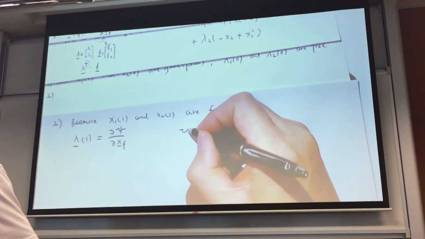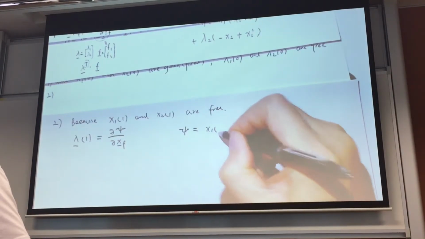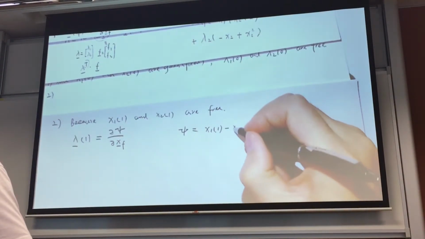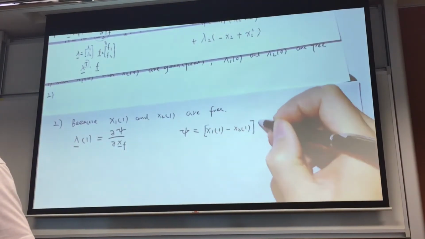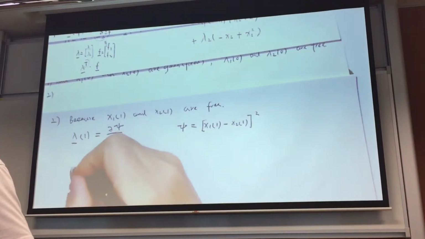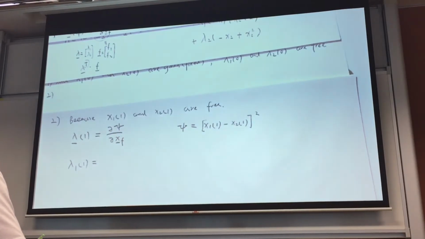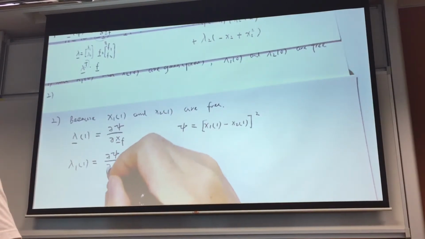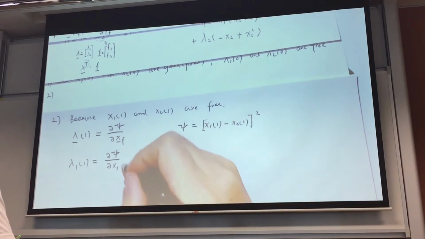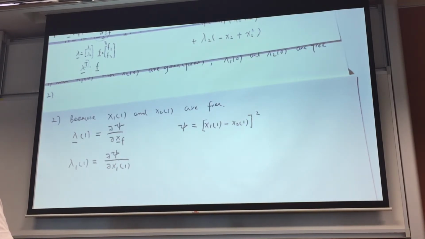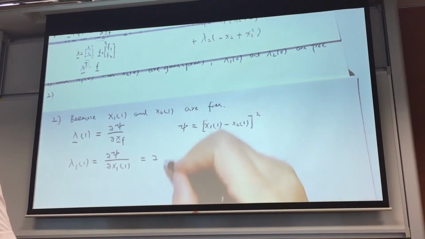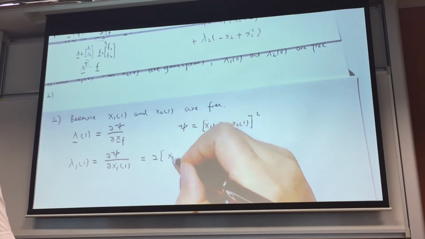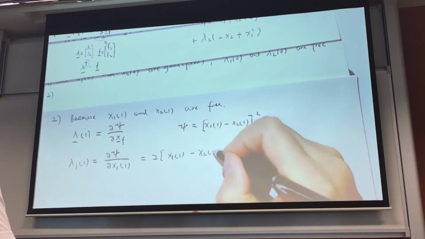Here, remember our psi is given by x11 minus x21 squared. So lambda 11 equals d psi dx11, which is given by 2 times x11 minus x21.